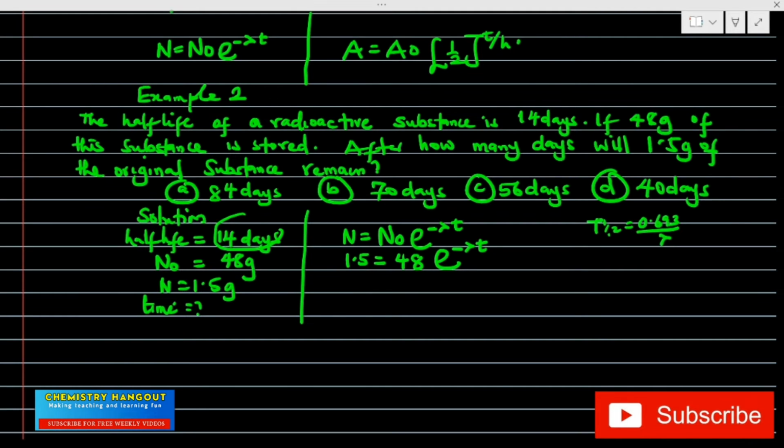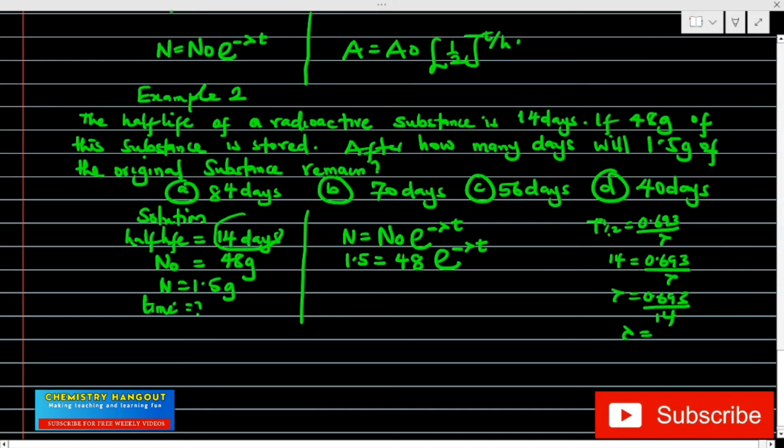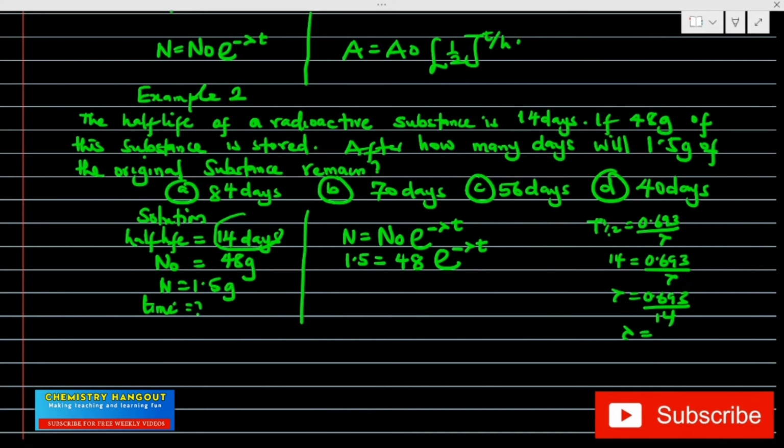So I can have 14 equal to 0.693 over lambda, right? So our lambda will be 0.693 over 14. On the calculator, 0.693 divided by 14 is giving me 0.0495.